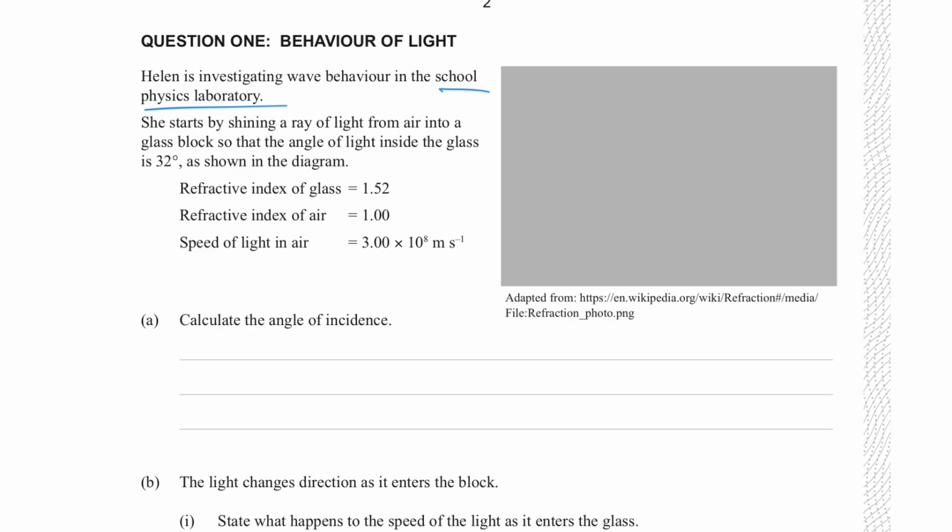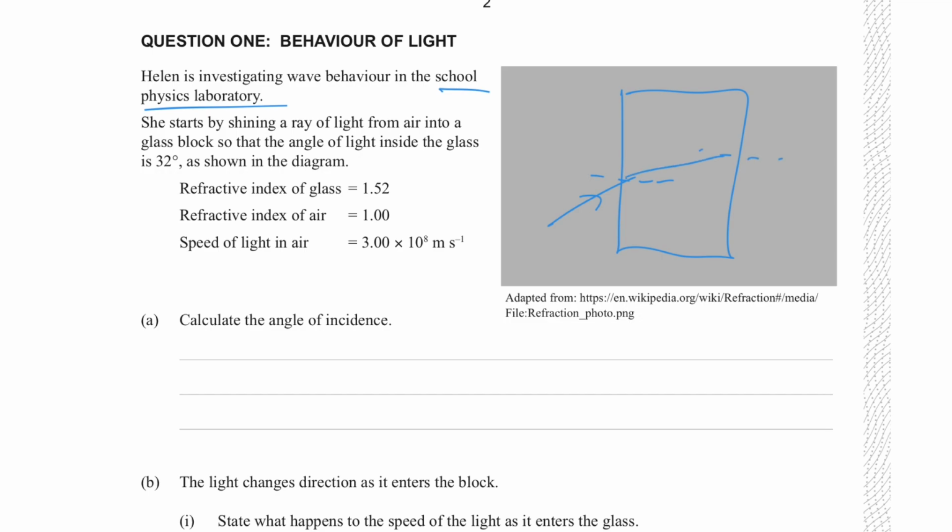So a little bit of guesswork here because of the missing diagram, which you can look up if you follow that link from Wikipedia. I don't know why they don't draw their own pictures. So it's 32 degrees inside the glass. If we make our glass block here, we've got some sort of angle of incidence. I haven't seen the actual paper, so I'm just giving you my best guess of what the diagram would be like.